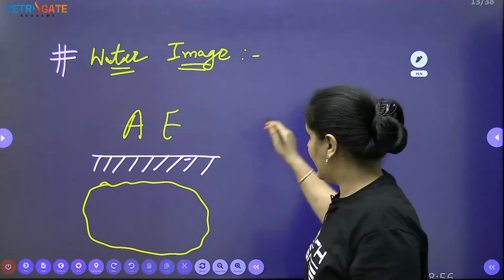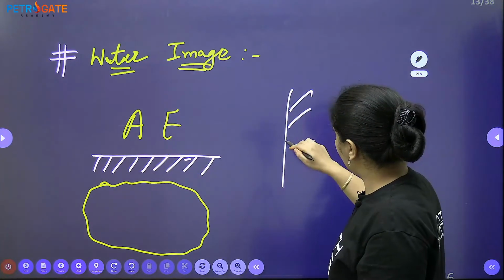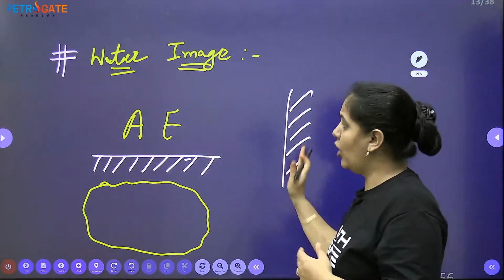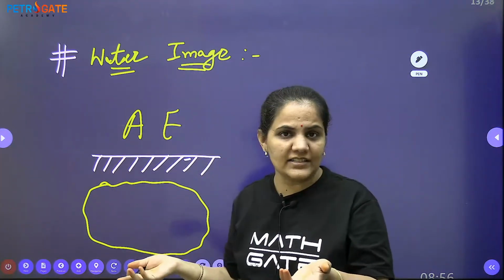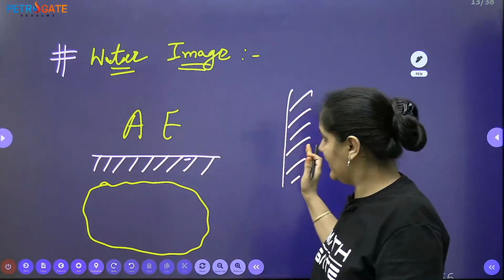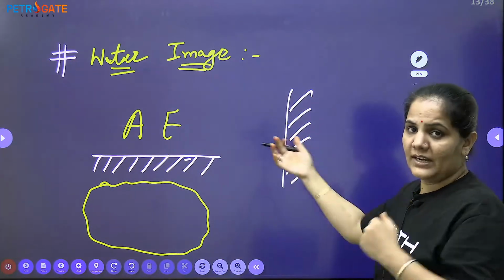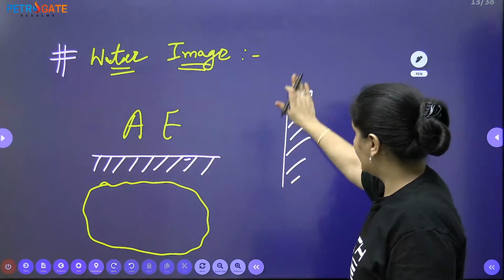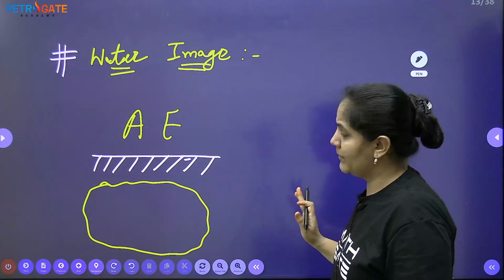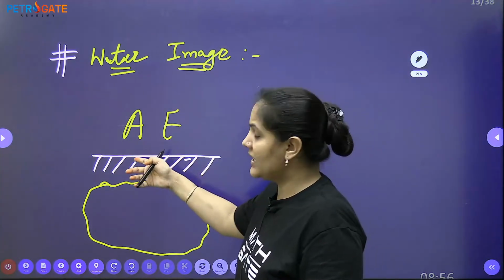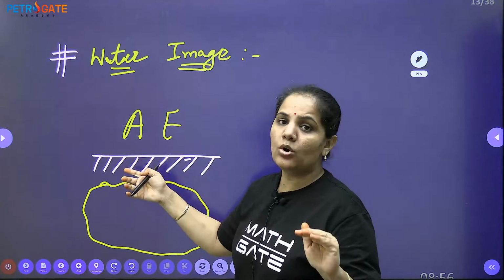Is it clear? Earlier we used to approach the question as if the mirror is put on the left side or the right side only. But when we talk about the water image, the mirror is always put below the given letter.